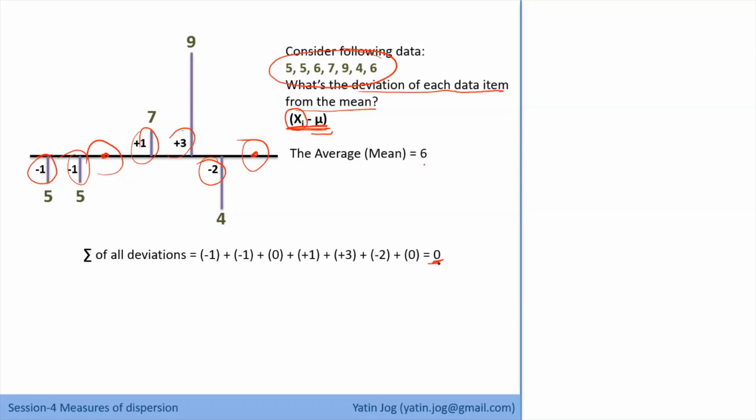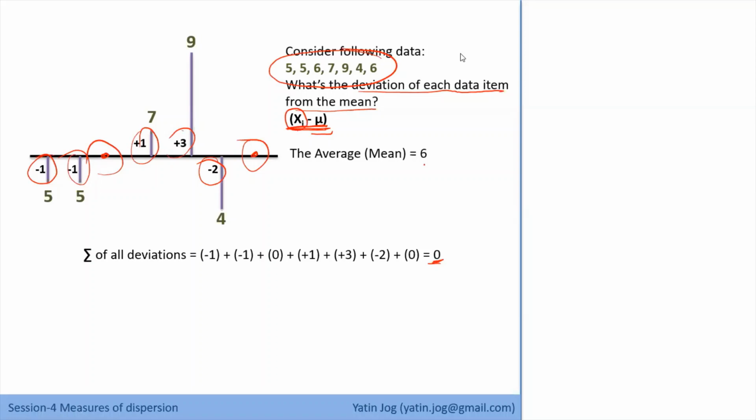Can anybody tell me why the value is 0? Why is the summation of all the deviations 0? Yes, anyone? Because we have considered the deviation along with the minus sign.